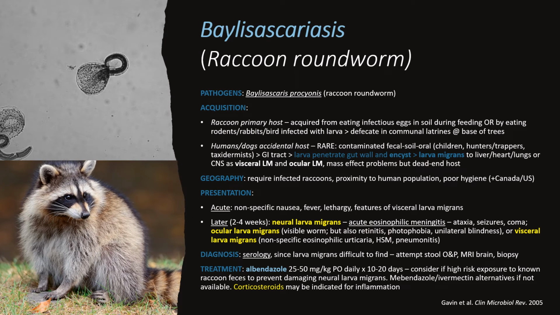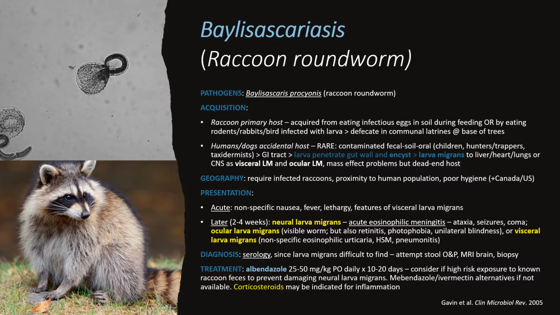Diagnosis, because of angioinvasion, can be done successfully with serology, although there may be delayed testing. A stool O&P could be attempted, and an MR brain should be obtained if neural larva migrans is suspected. While reading on Baylisascariasis, the impression is that treatment attempts are considered with some degree of futility.